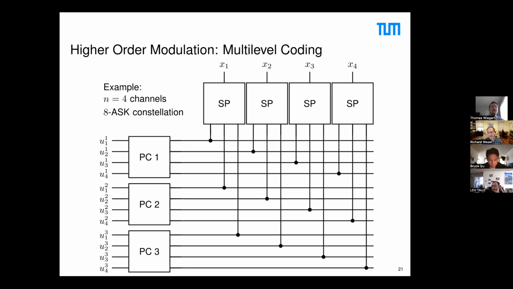So for example, if for the first symbol the polar code symbol here is a 1, then probably in the first symbol here, we want to have a 0 with probability 0.6 and a 1 with probability 0.4.